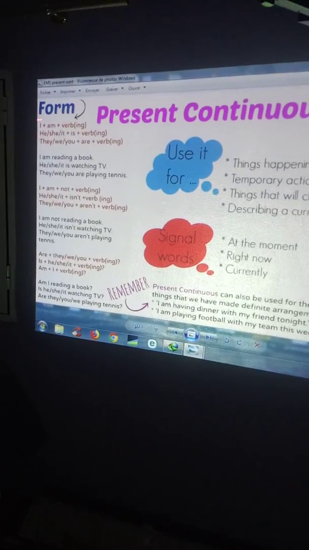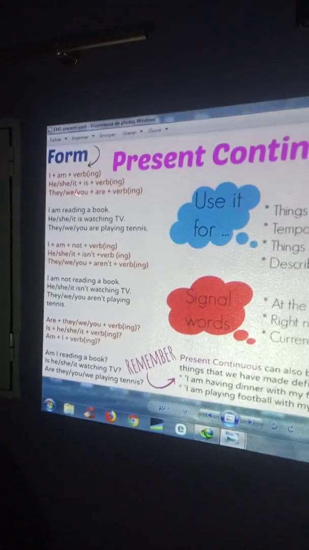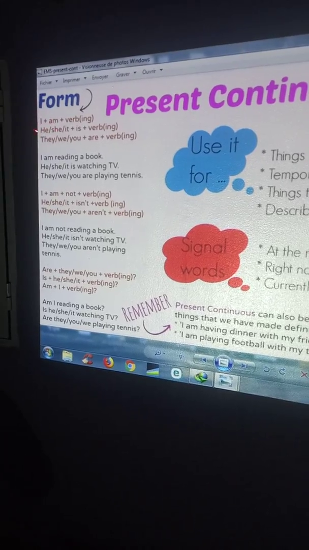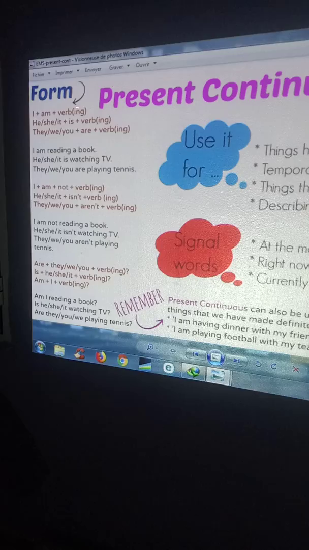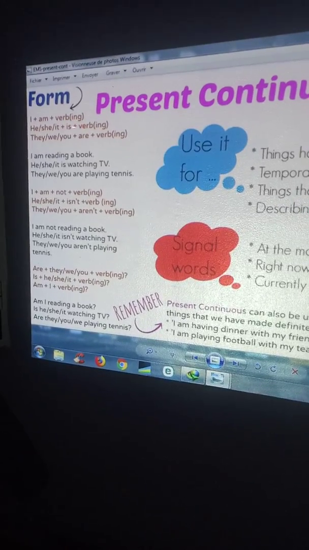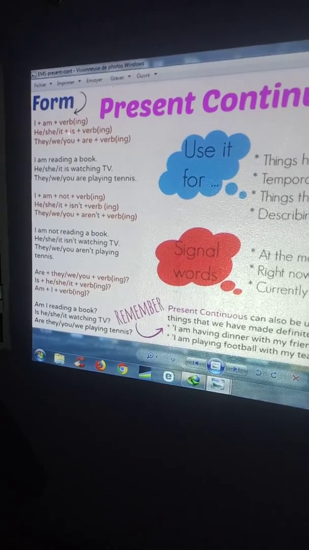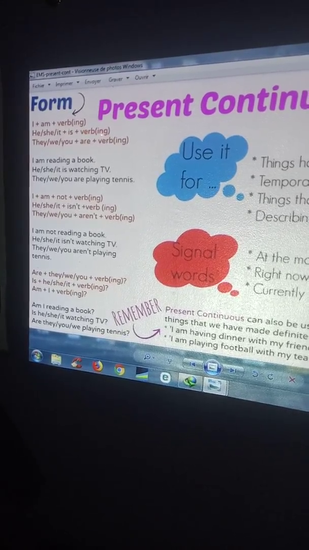So look here. Look at the laser point. For the present continuous, the form is verb to be plus verb plus ing. So this becomes he, she, it plus verb to be, plus verb plus ing.